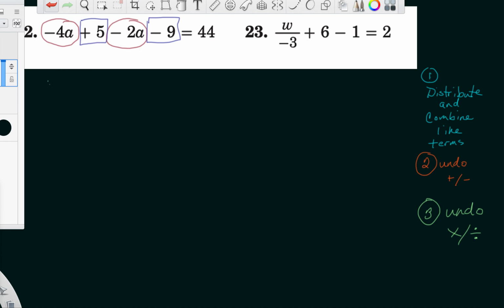So I'm going to try and use a reddish color for my a terms, and I'm going to put them together over here. I'm going to add negative 4 and negative 2, which is negative 6a. And I'm going to use a bluish color. See if it shows up.